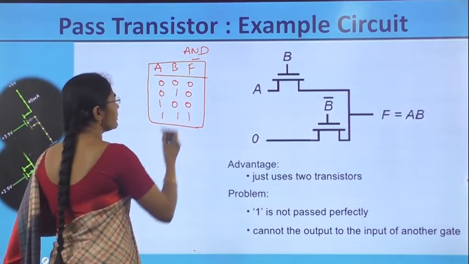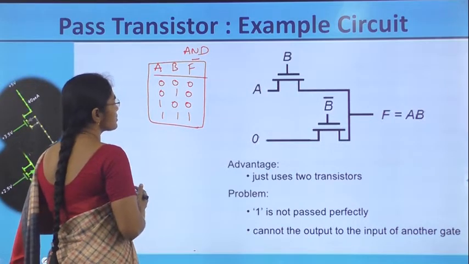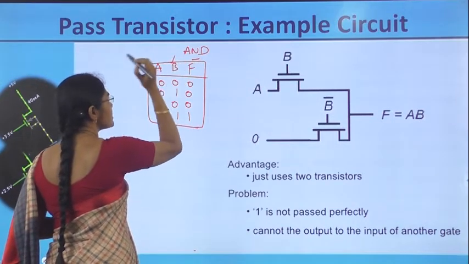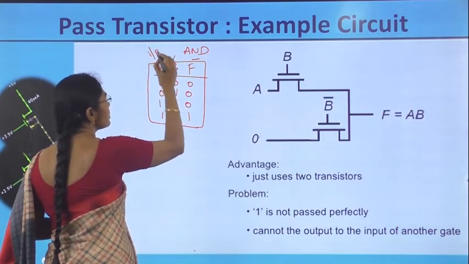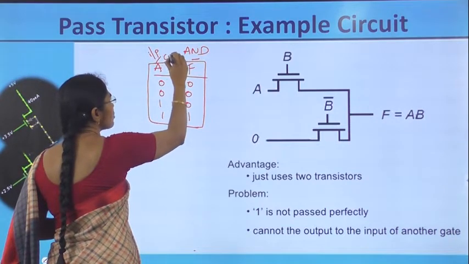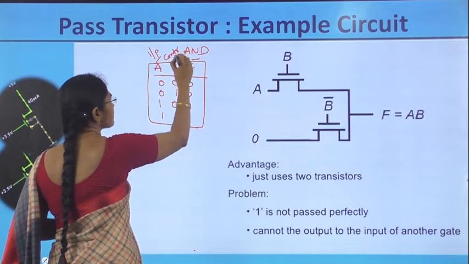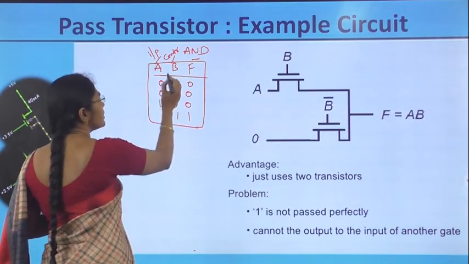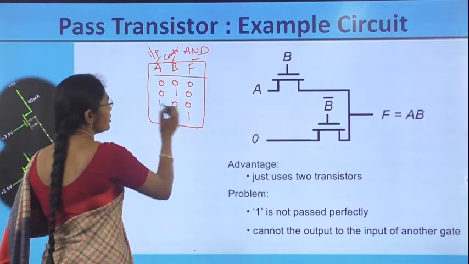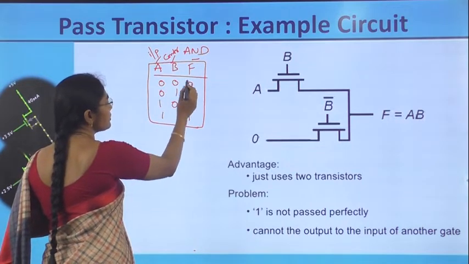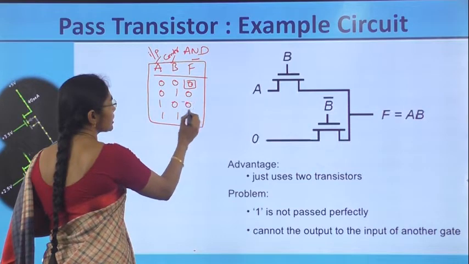From this truth table we can understand that, suppose B is taken as a control signal and A is taken as the input. A is the input and B is the control signal. Then if B is equal to 0, what will happen? If B is equal to 0, the output is equal to 0 only.